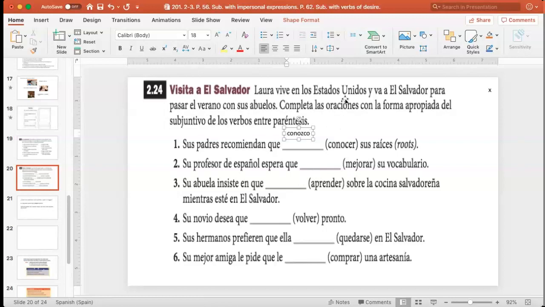Okay, excuse me. We have to read the instruction. Laura vive en los Estados Unidos. Va a El Salvador para pasar el verano con sus abuelos. Completa las oraciones con la forma apropiada del subjuntivo de los verbos entre paréntesis.